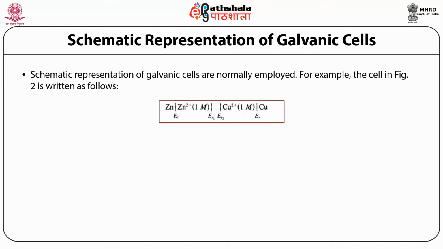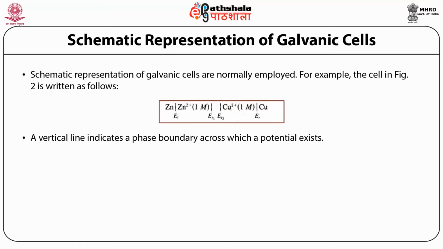This is the schematic representation of the zinc copper galvanic cell, that is zinc metal in equilibrium with zinc ions of 1 molar here, and the copper ions again in equilibrium with the copper metal, and in between these two metals there is a phase boundary of zinc ion as well as the copper ion, which forms the double layer in between the positive and the negative electrode.